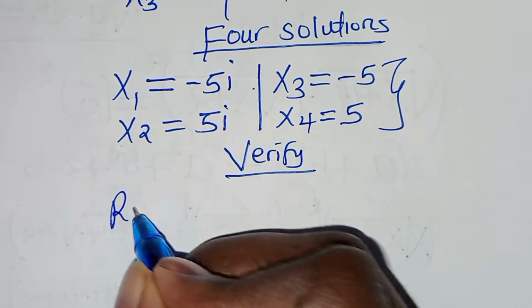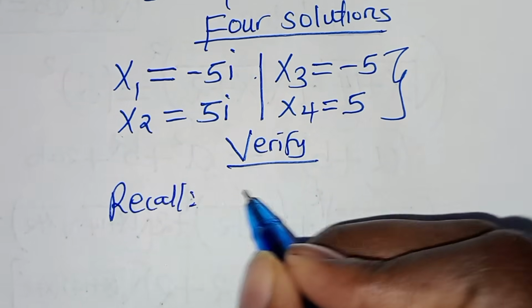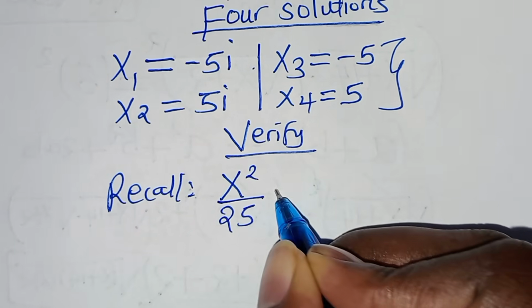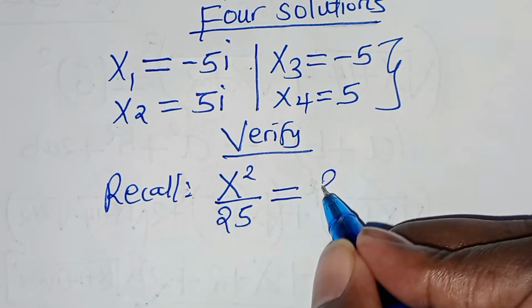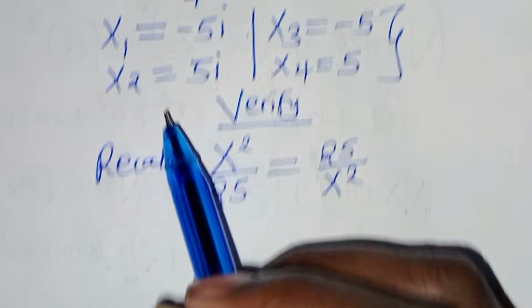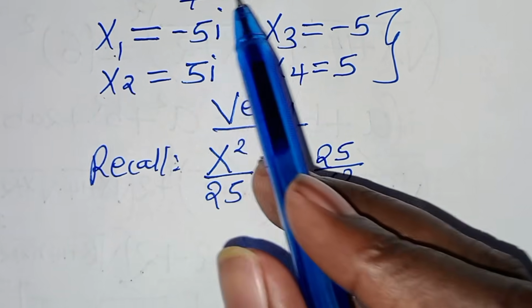If you recall, we have x squared divided by 25 equal to 25 over x squared. Let's start with x1, which is minus 5i.